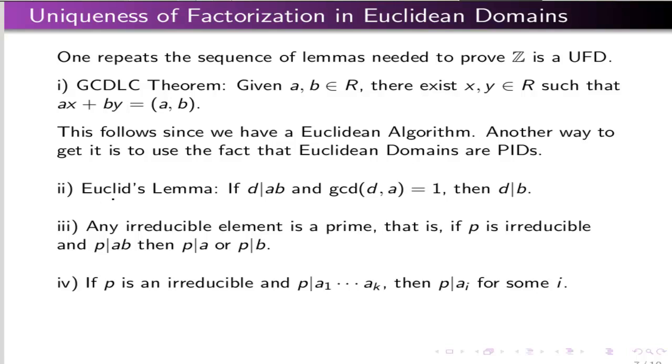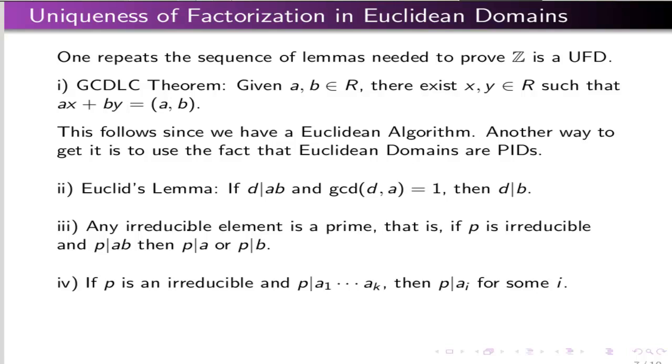Second, we deduce Euclid's lemma from the GCD-LC theorem: if D divides AB and GCD is 1, then D divides B. And then we went on from there to prove that for any irreducible element, so in the case of Z, any prime, if P is a divisor of A times B, then P divides A or P divides B. So any irreducible element satisfies the algebraic definition of being a prime.